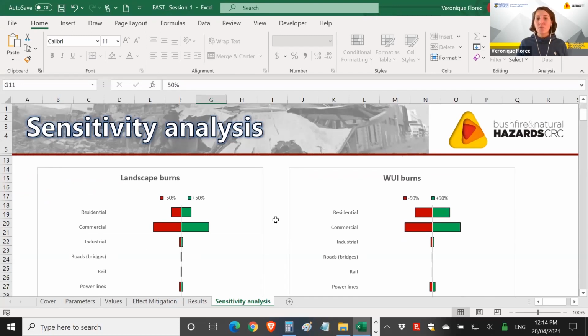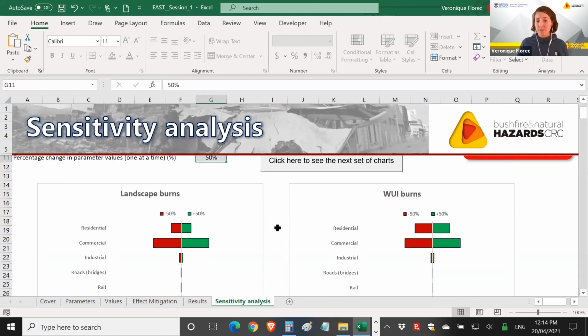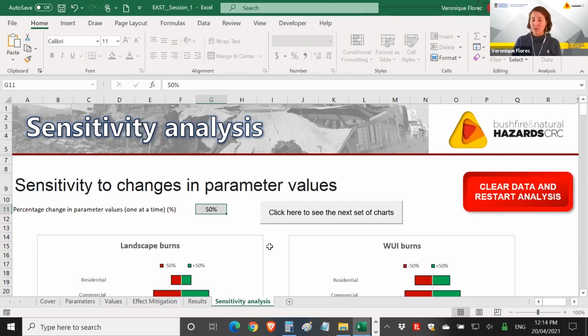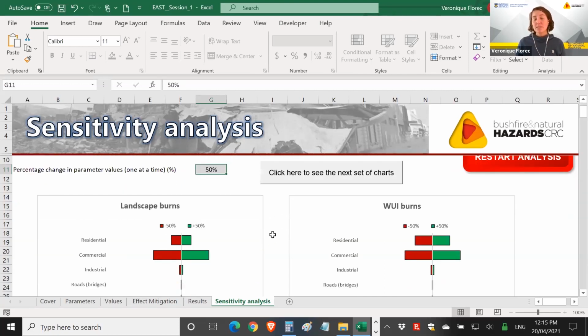So here is only one of the types. There are several types of sensitivity analysis, and I invite you as well to look at one of the videos in the video series that was sent in the email that you received yesterday with the material. This is one type of sensitivity analysis that is called one at a time. There are other types, one where instead of changing this residential value by plus and minus 50%, you could simply say, what is the minimum value that I think it could have, what is the maximum value that I think it could have, and then play with those two.